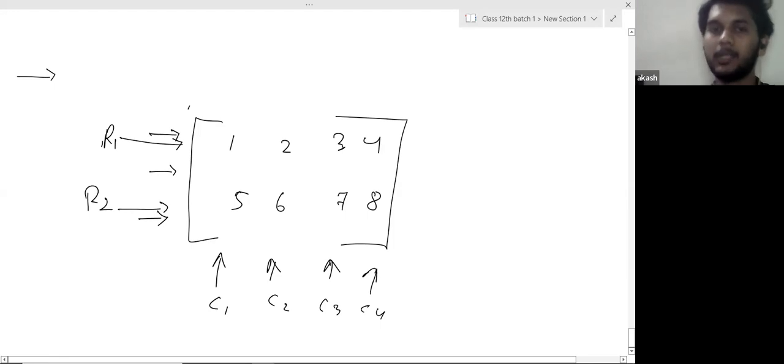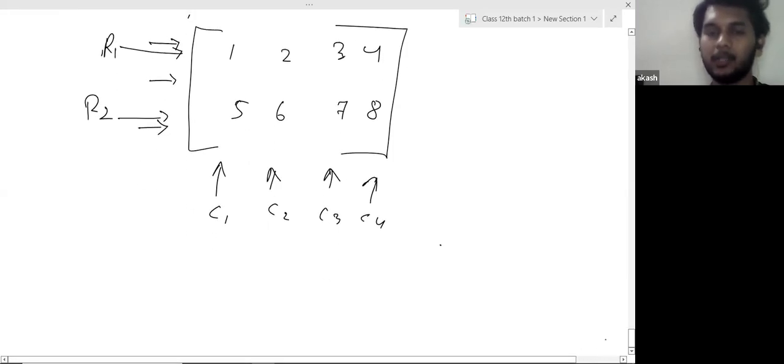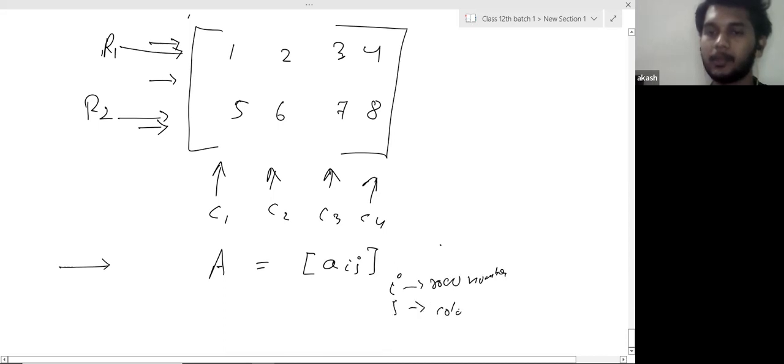So matrix consists of rows and columns. And these rows and columns can be of any number. They don't have to be equal. It can be any random number. We always represent matrix in capital form, like A matrix. And in short, we write this as Aij, where i is row number and j is column number.